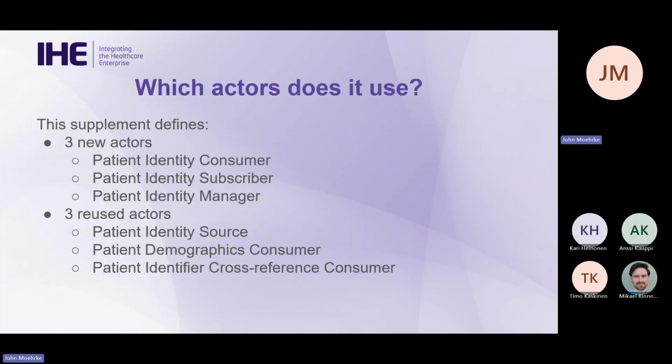So this profile has three actors: a patient identity consumer, patient identity subscriber, and a patient identity manager. And it reuses patient identity source, patient demographics consumer, and patient identity cross-reference consumer from the PDQm and PIXm. So PMIR orchestrates the PIXm and PDQm, so we didn't have to recreate those actors and transactions that already existed.